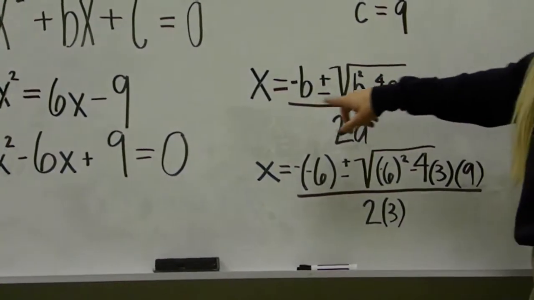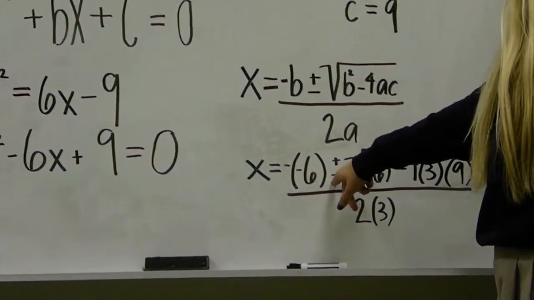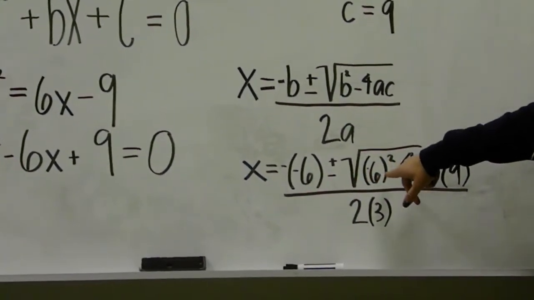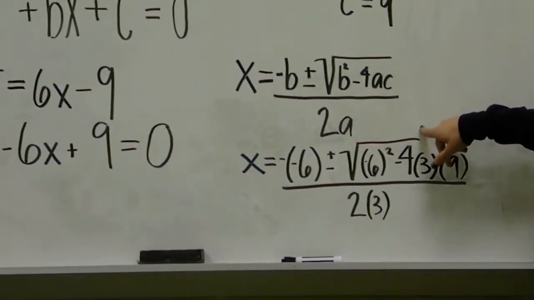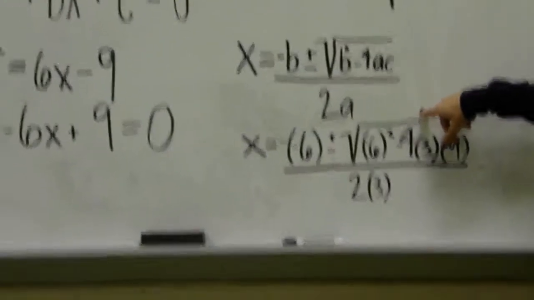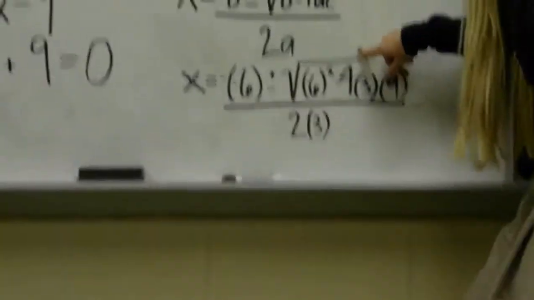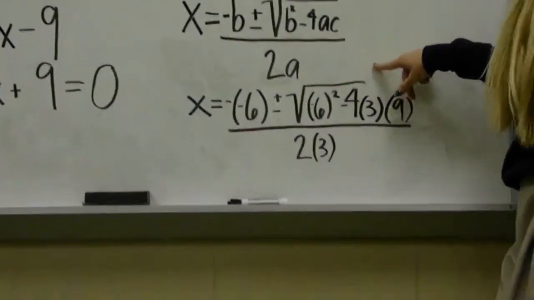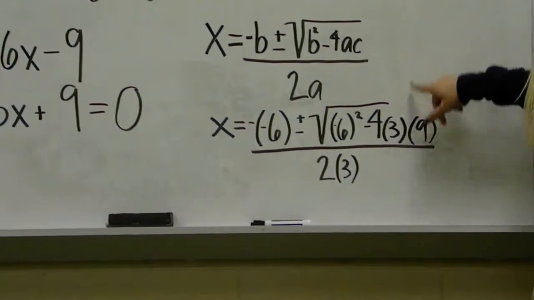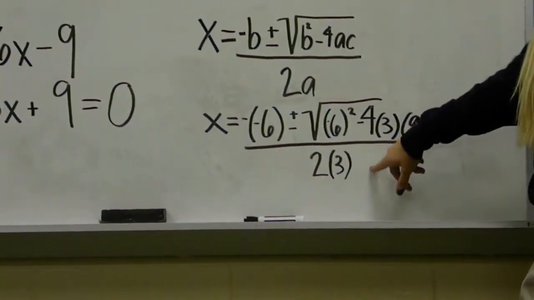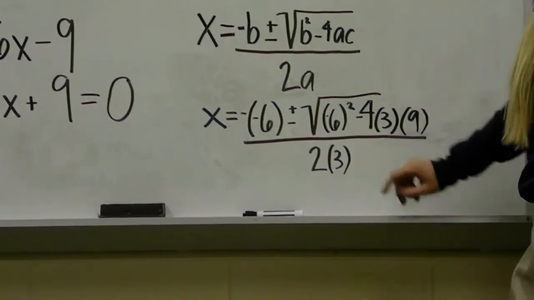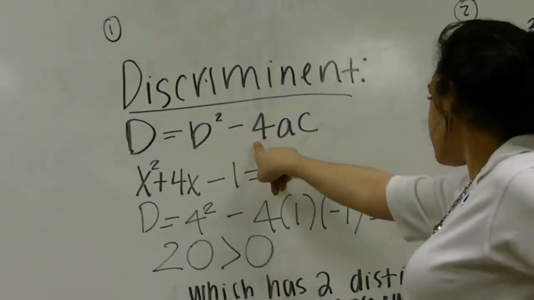So b would be -6, plus or minus the square root of -6 squared minus 4 times a, which is 3, times c, which is 9, over 2a, which is 2 times 3. Because D equals b squared minus 4ac.